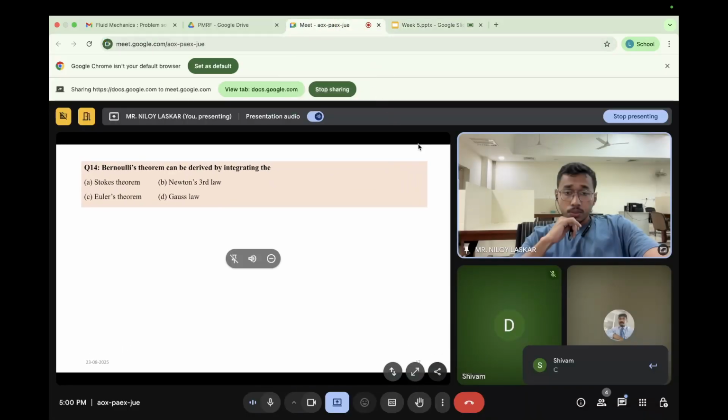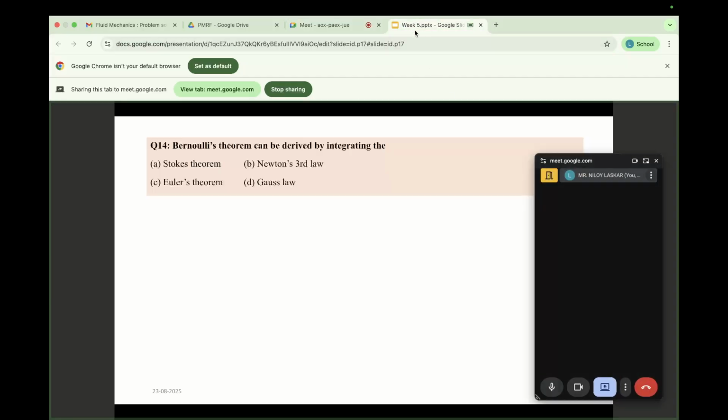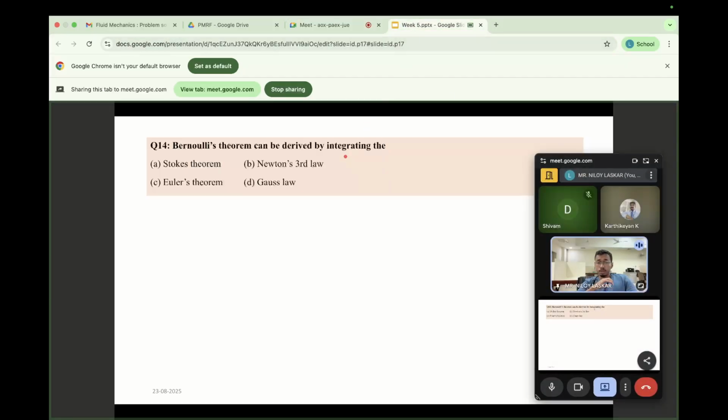Already Shivam has answered option C. Yes, Shivam, option C, Euler's theorem, is correct, because by applying the assumptions in Euler's theorem, we will get Bernoulli's equation. So it's quite essential to know these assumptions, right?